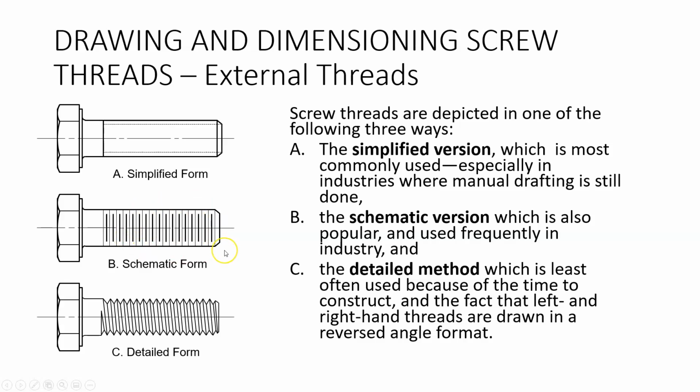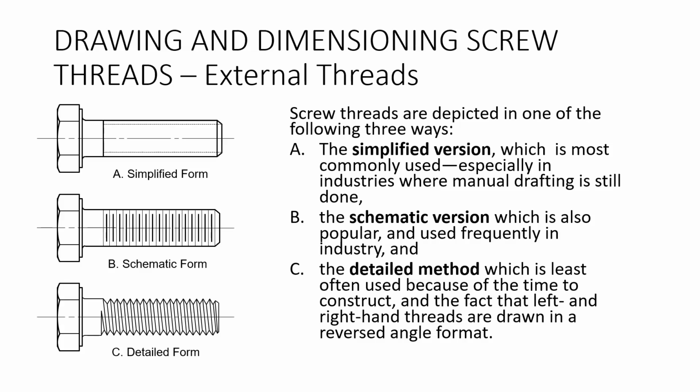But on an engineering drawing, a lot of times there's going to be a lot of detail already, so adding this level of detail for threads, often unnecessarily, will detract from the overall appearance of the drawing. And it can be a bit challenging to draw sometimes, especially in assembly. So for those reasons, schematic and detailed are not typically found in a drawing.